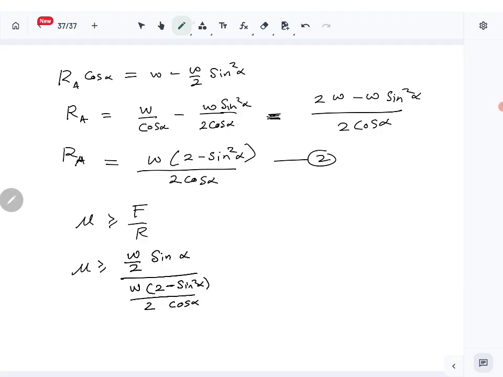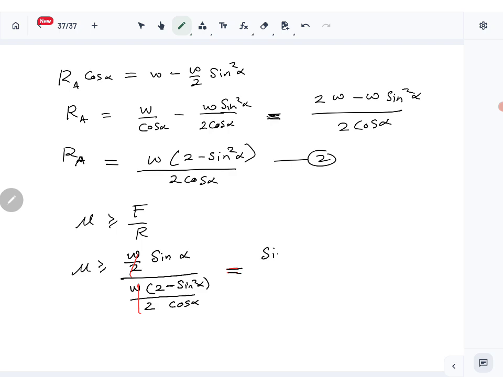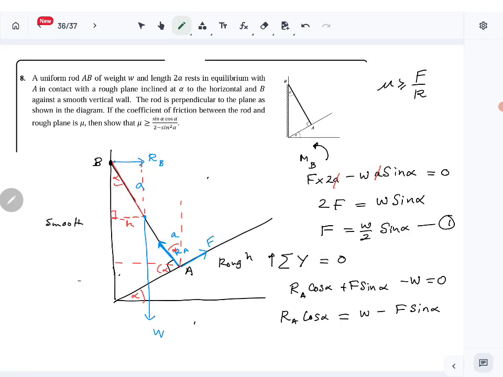Then you can cancel: W over 2 cancels, and cos alpha goes up. You flip it, so you get sine alpha cos alpha in the numerator over 2 minus sine squared alpha. That is what we want to show: mu is greater than or equal to sine alpha cos alpha over 2 minus sine squared alpha.